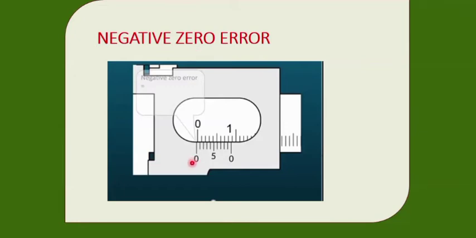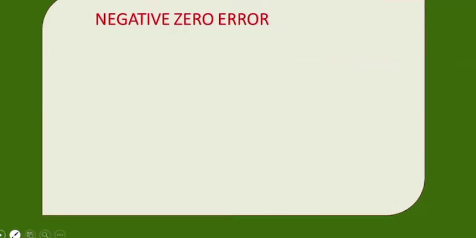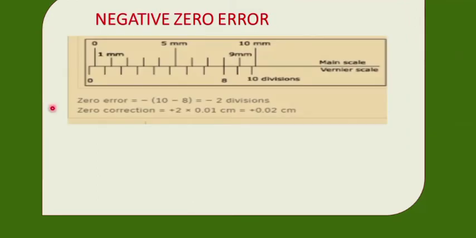Like in this figure, we discuss the negative zero error. Here the zero of the vernier scale is on the left side of the main scale and 8 divisions of the vernier scale coincide with the main scale.